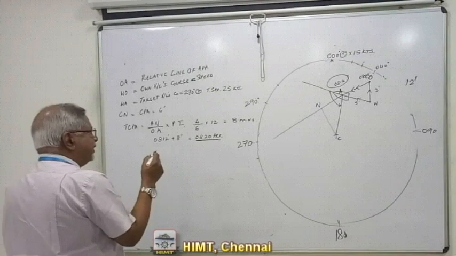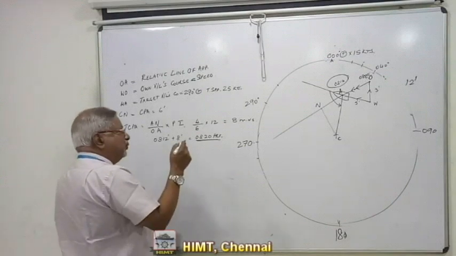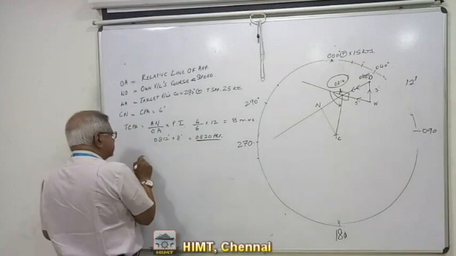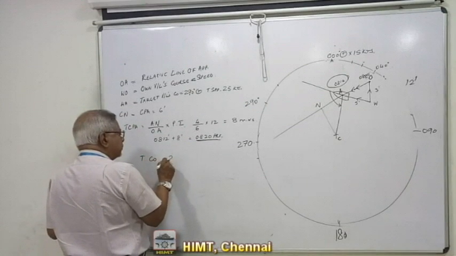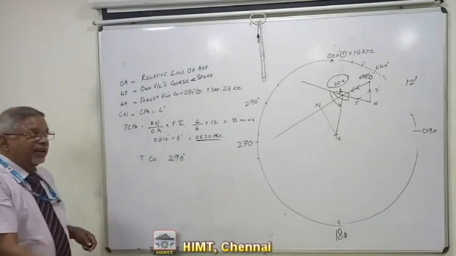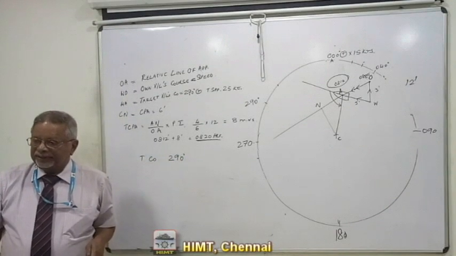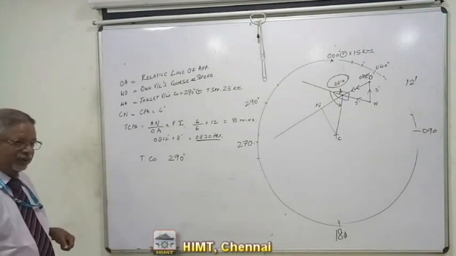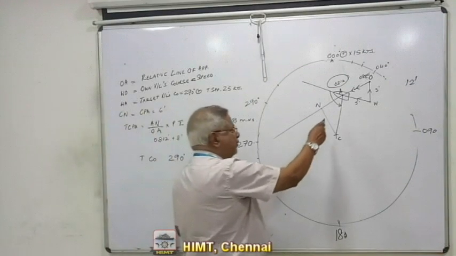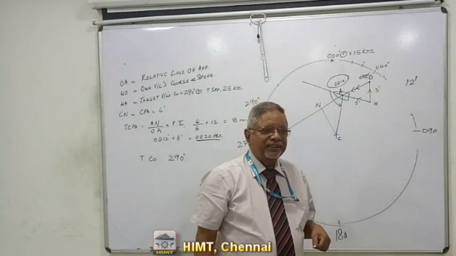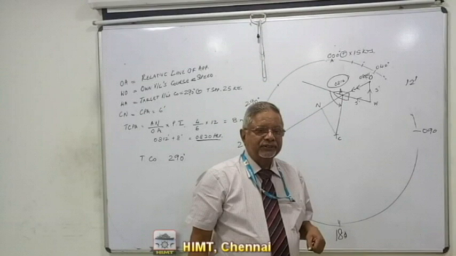Alternatively, you can also calculate it. You know your target course. You know the target's bearing at A, 030. So you can find out what this bearing is.